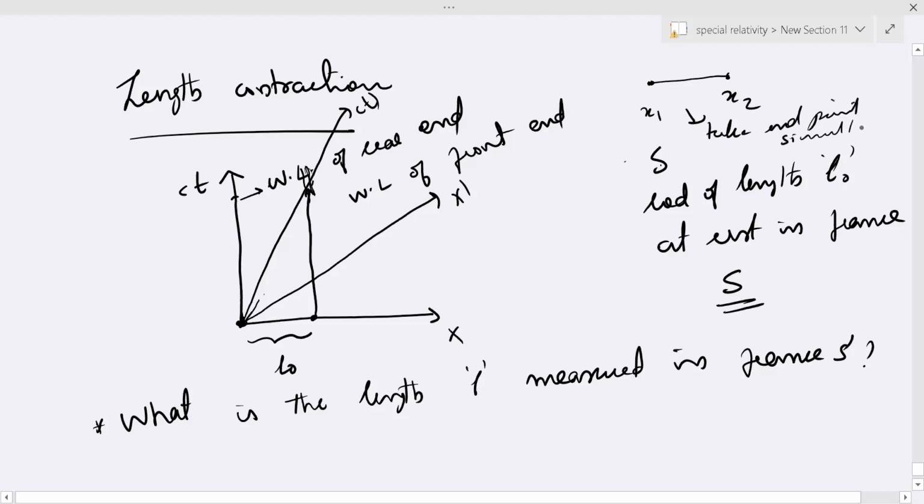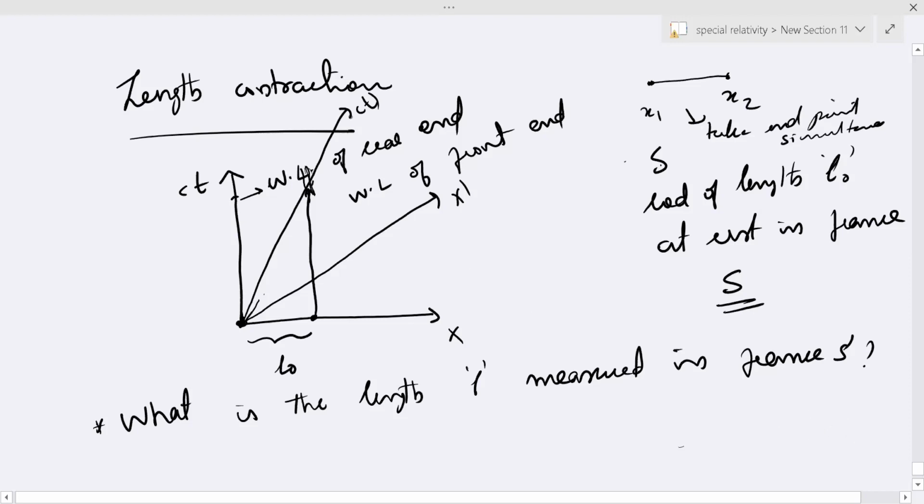Otherwise, if you take the x1 coordinate at time t1 and the rod has moved to here, and then you take x2, then x2 minus x1 is not the length. If you take the coordinates of the endpoints at different times for a moving length, then it's not the length. You have to take x1 and x2 simultaneously. If it has moved by a distance, then you get a different length. It's not the length of the rod.